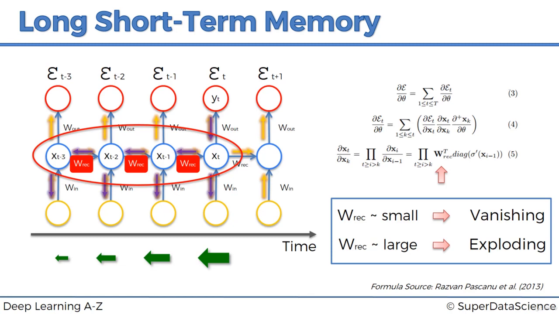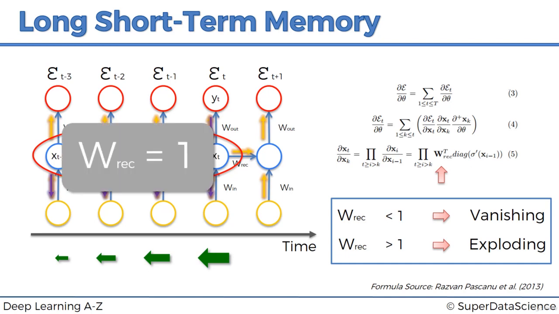Just if you separate yourself from all of this information, all this theory and knowledge, how would you solve a problem like this? What's the easiest and fastest solution? If WREC is, in simple terms, less than 1, then we have vanishing gradient. If WREC is greater than 1, we've got exploding gradient. What's the first thing that comes to mind to solve this problem? Well, it's to make WREC equal 1.